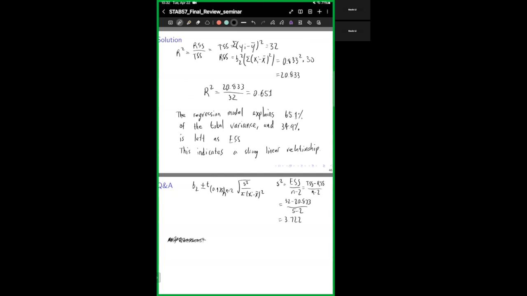So then we already know this one, which is equal to 0.833.